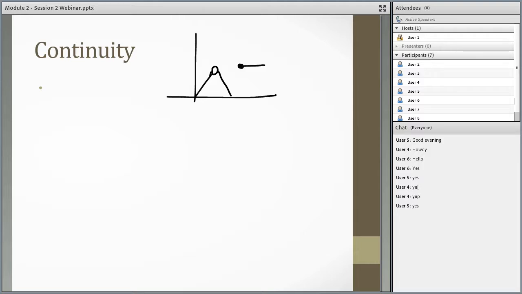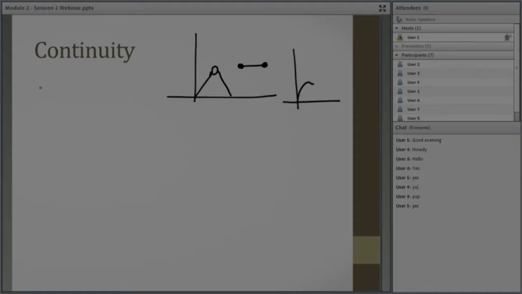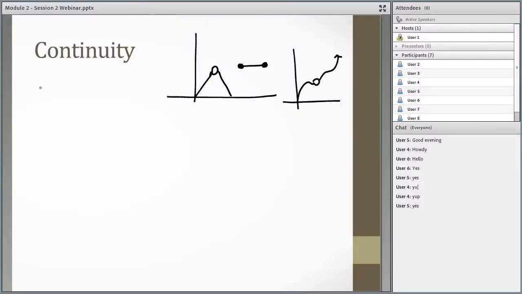We had filled in circles, something like that. This is discontinuous. The hole that's in the graph gives us a discontinuity. So these are two examples of a discontinuous graph.